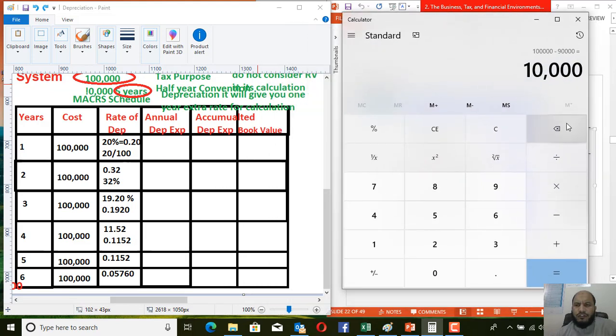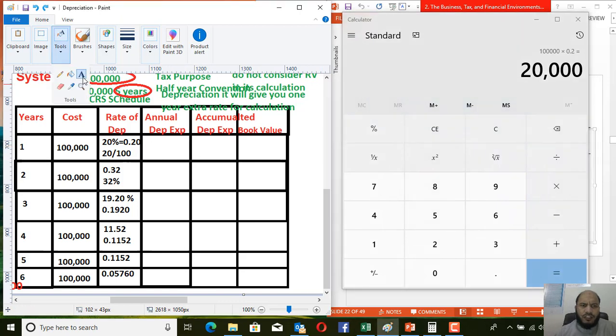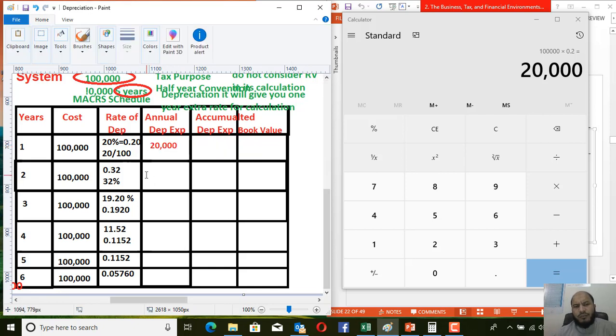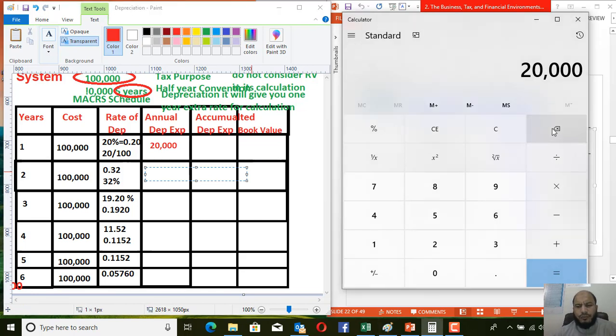We have 100,000 multiplied by the year 1 rate of 20%, so 0.20. The depreciation for the first year is 20,000 for this machinery. For year 2, 100,000 multiplied by 0.32 is 32,000. This is the depreciation for year 2.